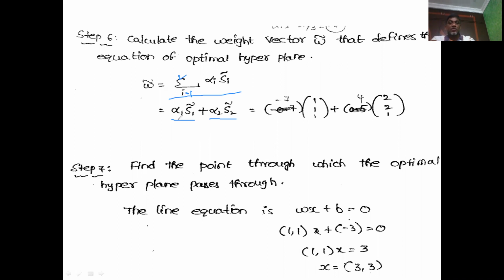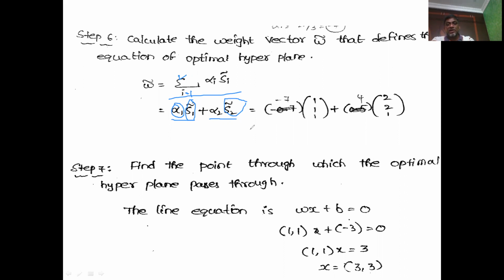Now alpha 1 into S1 tilde plus alpha 2 into S2 tilde is equal to, we got the value of alpha 1 as -7, so it is -7 into S1 tilde, the augmented support vector S1 is (1, 1, 1), plus alpha 2 is 4 into the augmented support vector S2, which is (2, 2, 1).